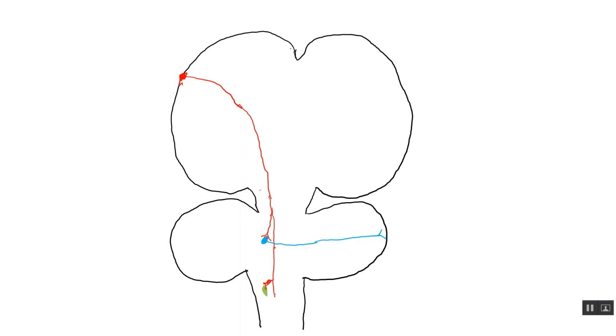And then this is going to go down and it's going to cross over in your lower medulla, and we're going to say that's your lateral corticospinal tract. It's going to go down in your spinal cord into a lower motor neuron, which is going to go out to your hand or arm out here, okay?